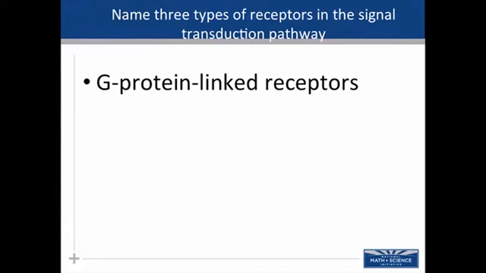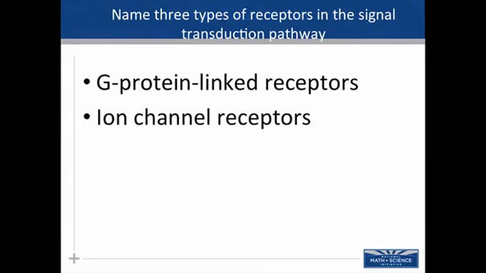The first one we mentioned were G protein linked receptors. Those are membrane bound receptors that are linked to a G protein, in that once the ligand receptor complex has been formed, a G protein would then be attracted to that receptor and set off a chain reaction. Our second example was an ion channel receptor, where when the ligand binds with the integral protein that's serving as a receptor, it forms an opening or a channel that allows ions to enter.